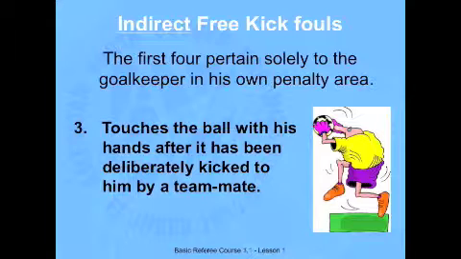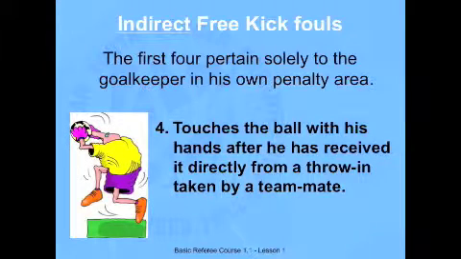Avoid the situations where the ball is ricocheted off or indirectly passed to him. You have to watch and see that the player is deliberately passing back to the goalkeeper in this situation.